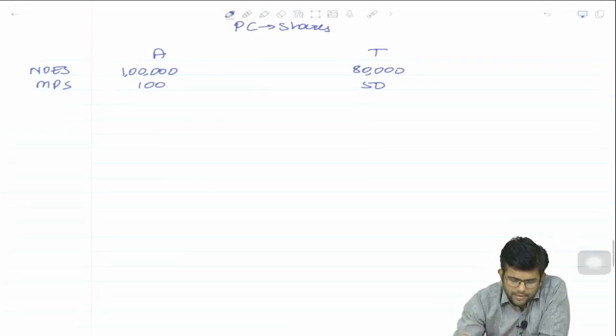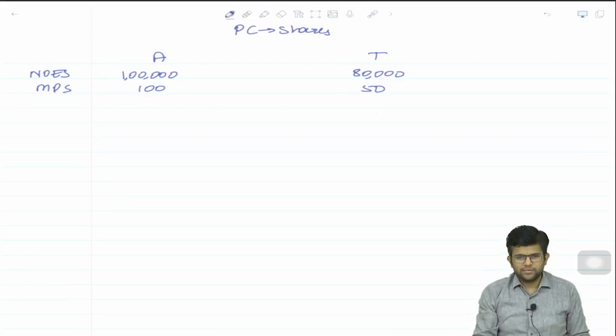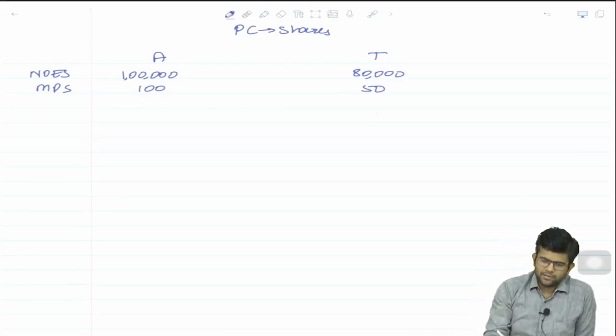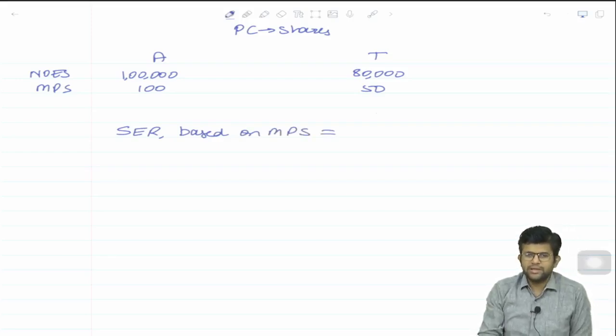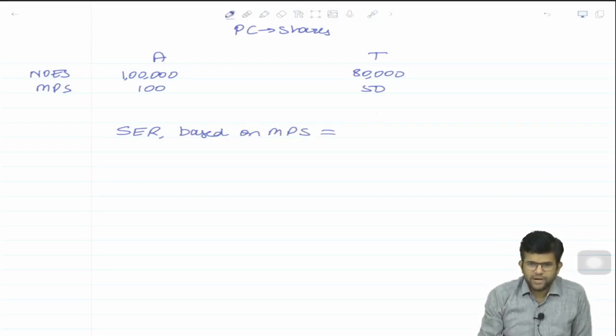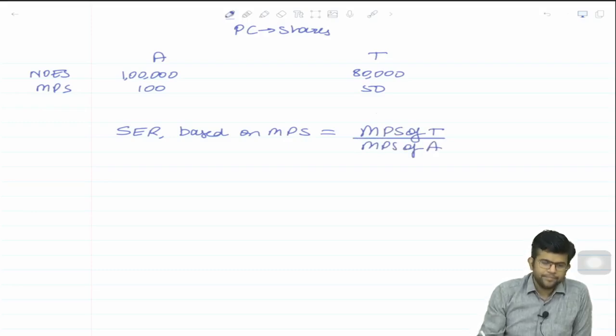In the mergers and acquisitions chapter, there is one formula that comes. The formula is: share exchange ratio based on MPS equals MPS of target upon MPS of acquiring.